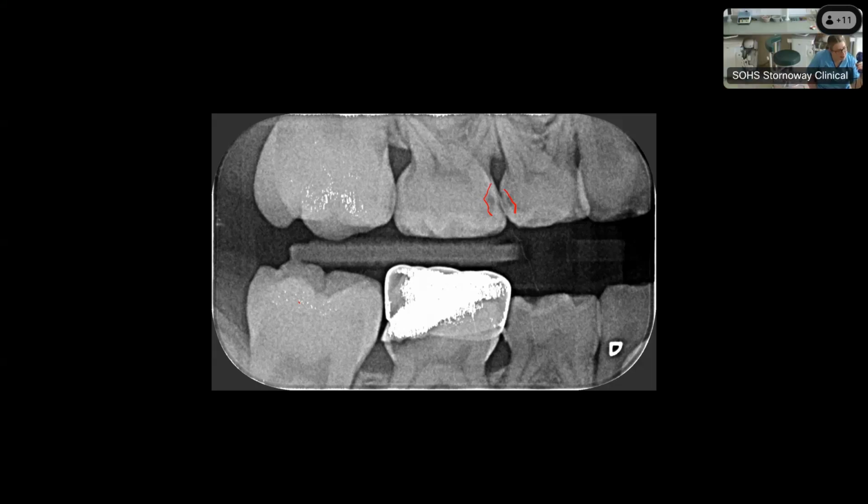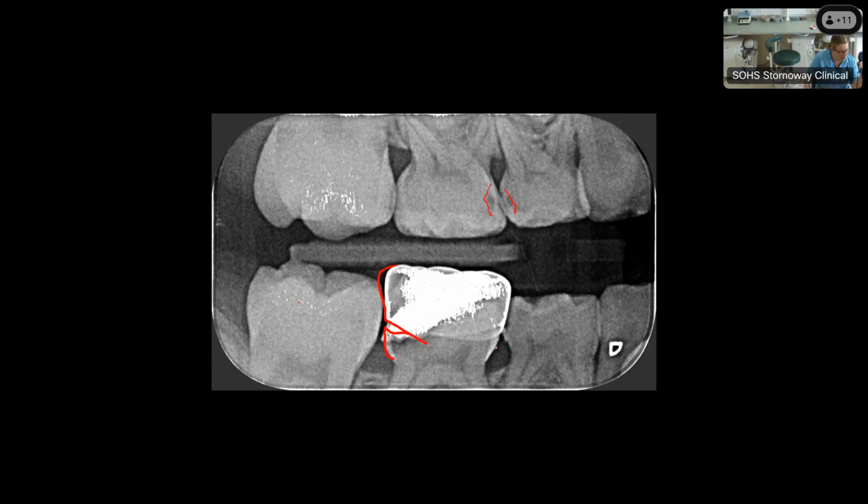The positioning of that crown is not ideal. It's sitting quite proud. Now that might be a crown that's literally only just been placed, although that would be a weird time to take a radiograph. I think what has actually happened is the crown has got stuck on that ledge and it hasn't been seated fully.